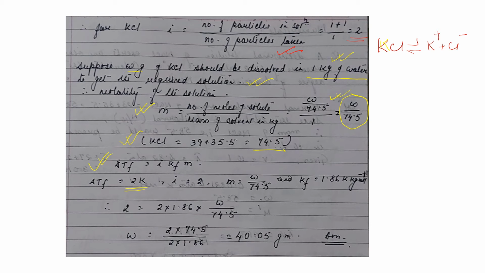So delta Tf is equal to 2 K, i is equal to 2, m is equal to W by 74.5 and Kf is 1.86. Just put the value in this formula and W you can calculate from there. So we are getting the value of W is equal to 40.05 gram. Okay children.